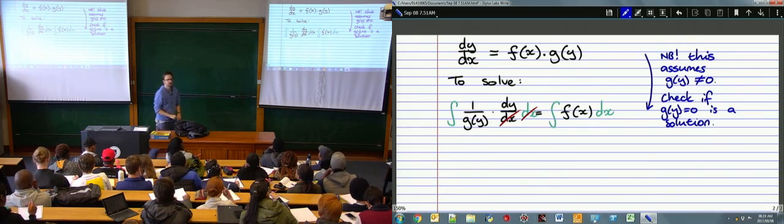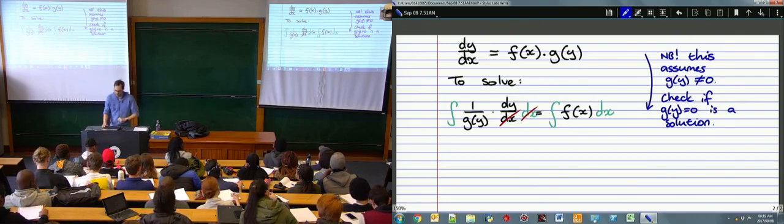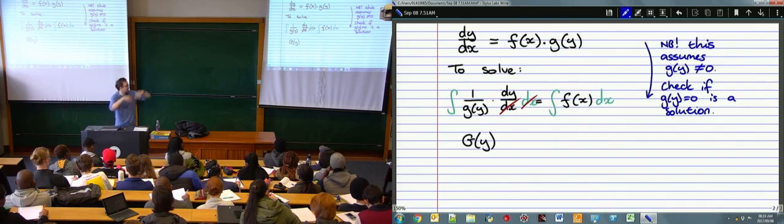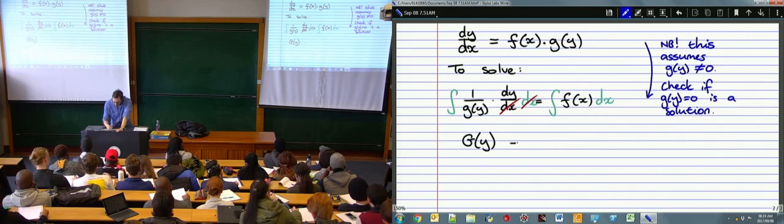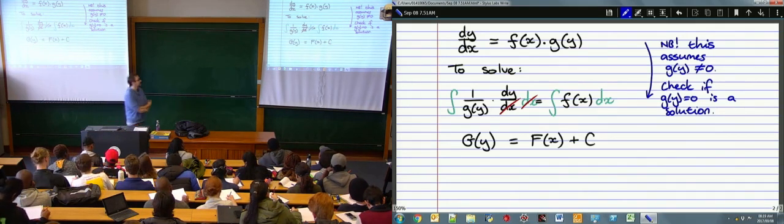Yeah. Okay. So we do some integration, and we get two new functions. We get some function, call it big G, when we do this integration. And over here we get some function big F when we do the integration. And we get a constant of integration.